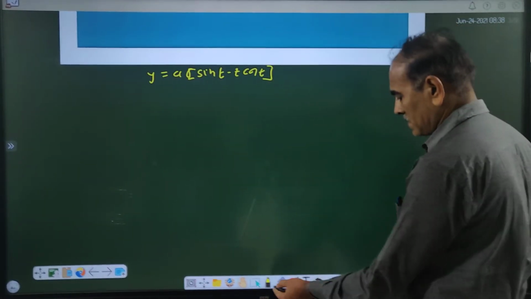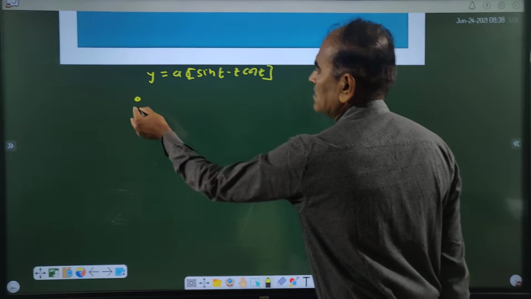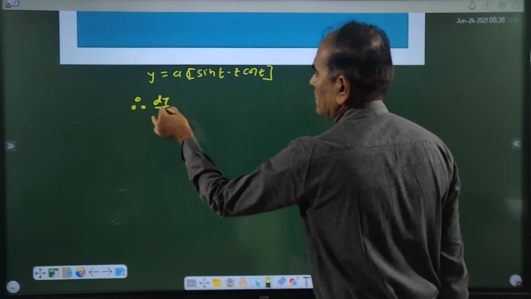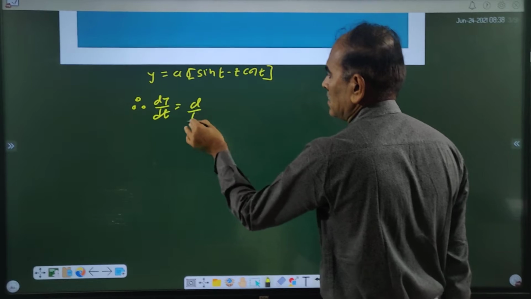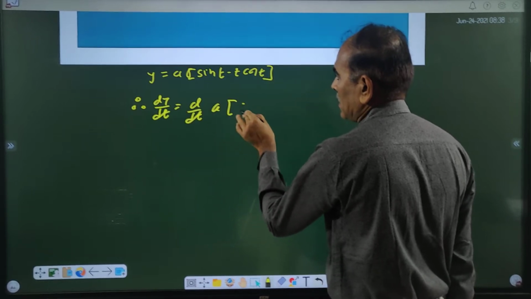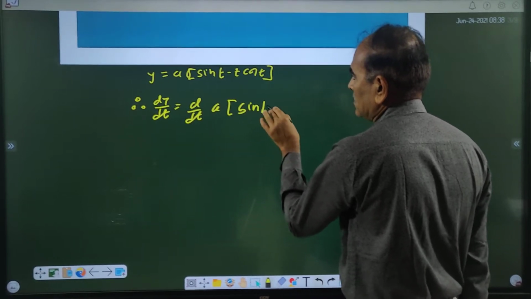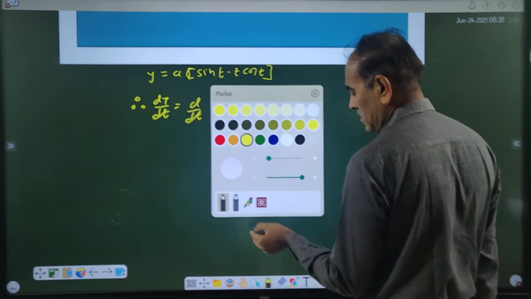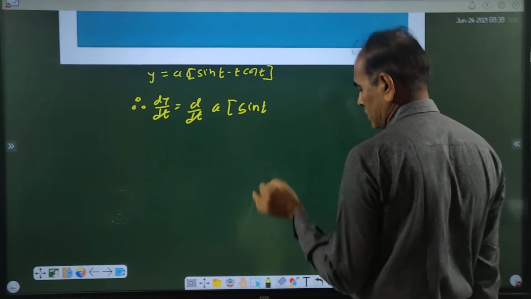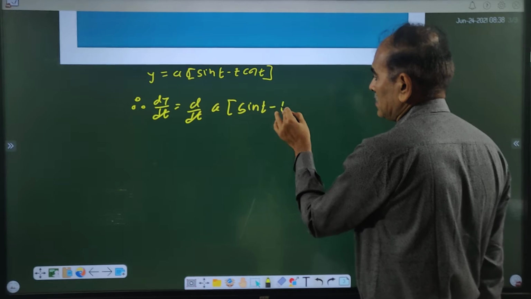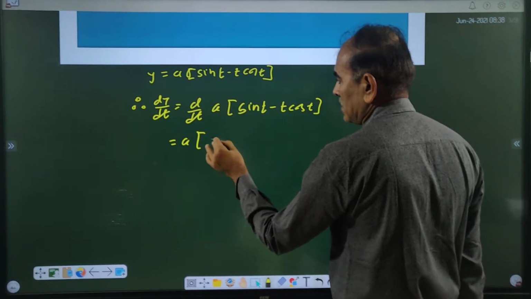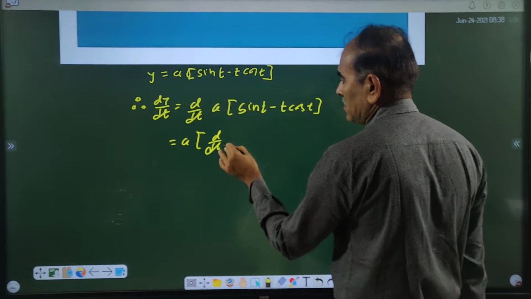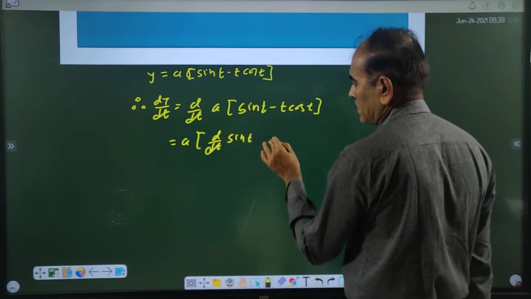Now once again, differentiate with respect to t: d by dt of a of sin t minus t cos t. A is outside, once again take the derivative term by term.